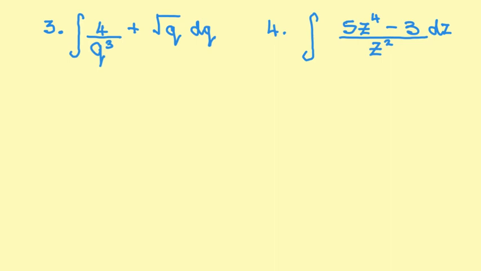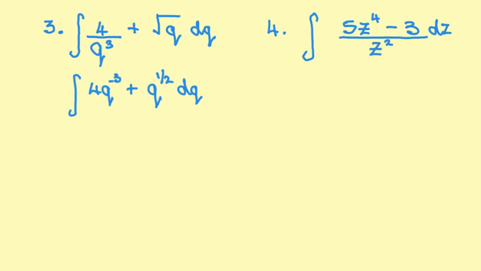Question 3. Integrate 4 divided by q cubed plus the square root of q dq. Just like in differentiation, before we can use the power rule, they must all be in powers. So this will change to integrate 4q to the power of minus 3 plus q to the power of a half dq.